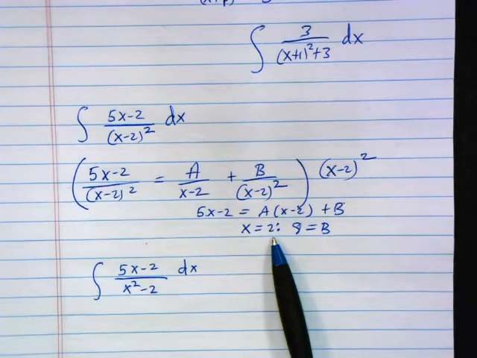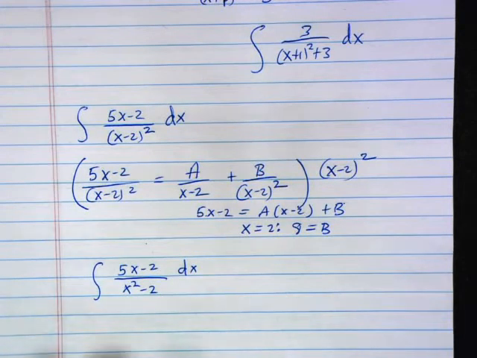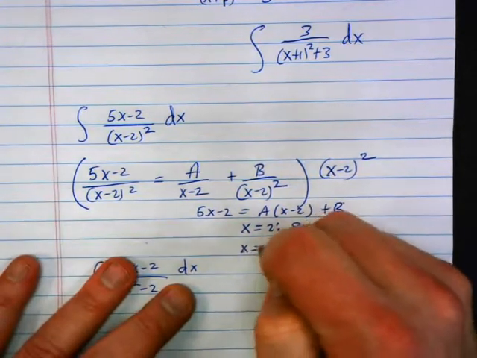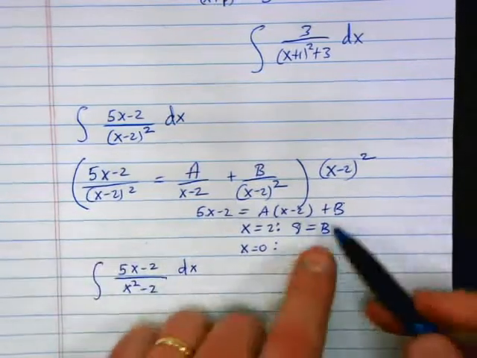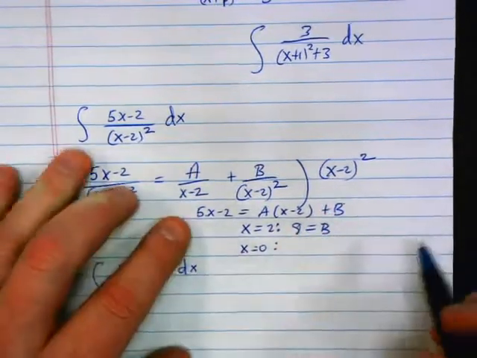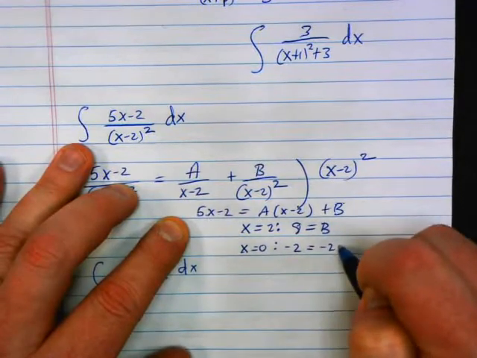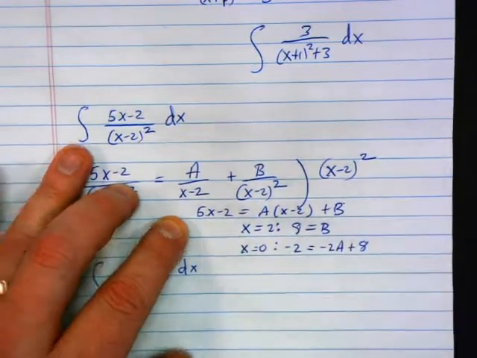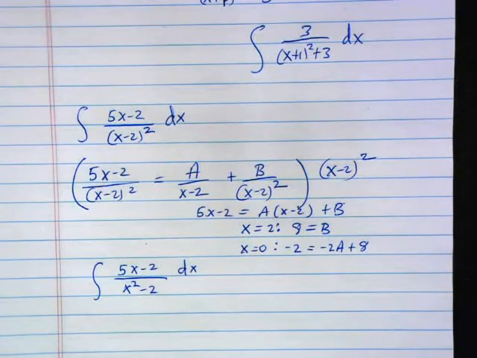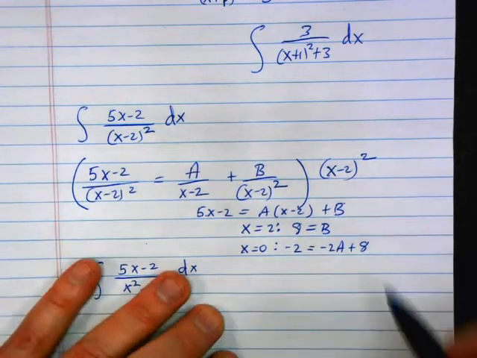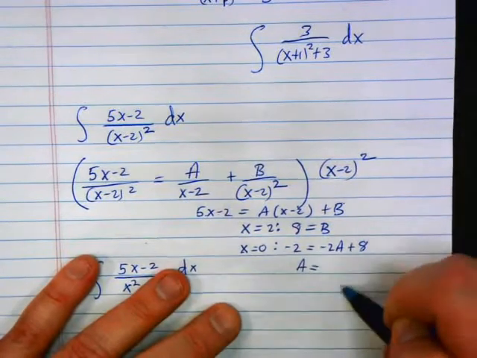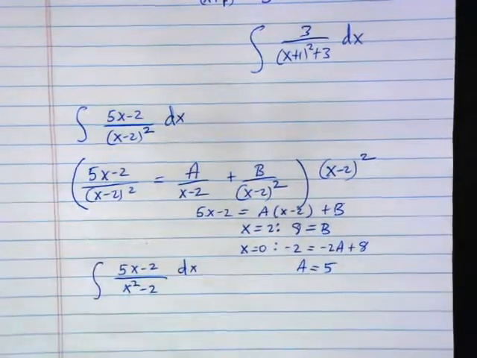I would have picked 0 myself, but if you want to use 1, you can. I'm going to use 0. So I'm going to plug in x equals 0, and I'm going to plug in 8 for B. So I get negative 2 equals negative 2A plus 8. So that's how you handle those. You just pick a favorite number that you like to plug in, and you work it out. A equals 5.